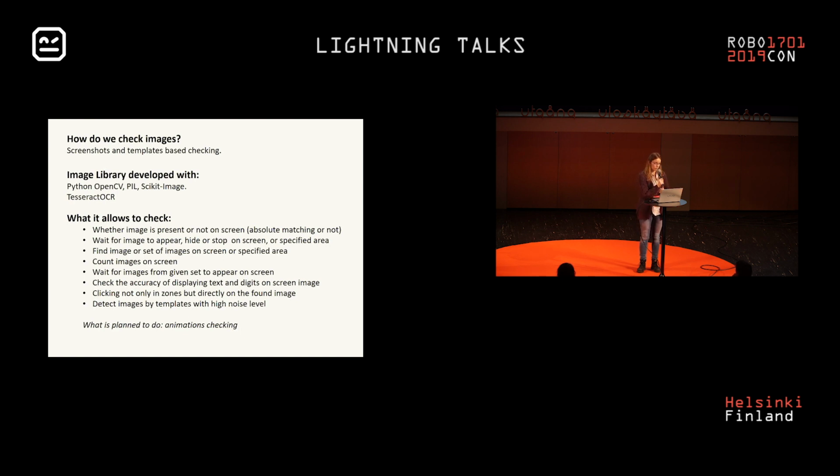Sometimes it's not enough to set the threshold value, and we have to check the image on different backgrounds, and we must understand that this image is present despite the different backgrounds behind it. So it's now also possible. And what is painful and what is planned next is to check animations, because each release developers code different bugs, and so that's the task to be done in the future. Thank you.